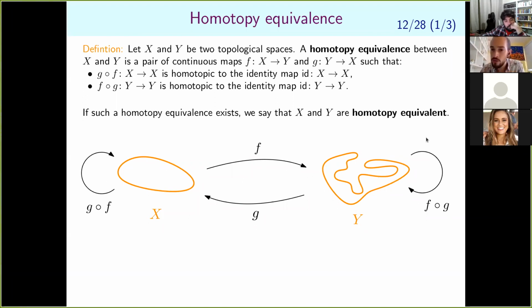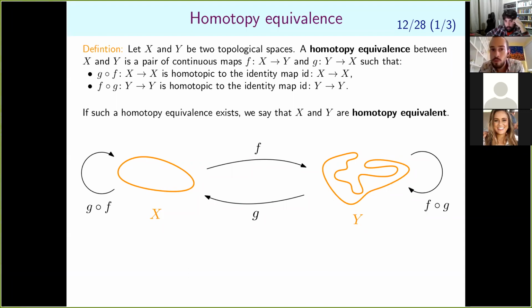I have to be able to deform these maps to the identity maps. So this is a definition. If I can find such a homotopy equivalence between two topological spaces, then they are homotopy equivalent.